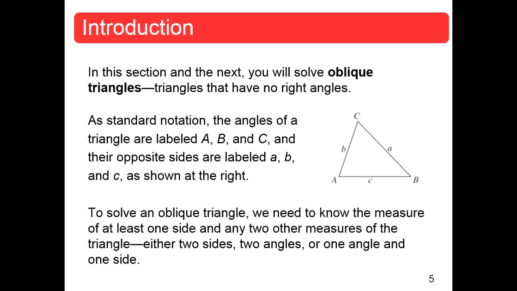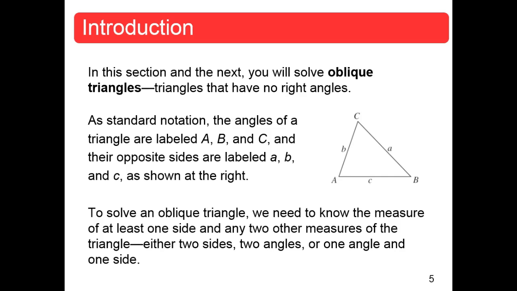As a standard notation, in the past we've sometimes used Greek letters for angles. Now we'll use capital letters for the angles: angle A, B, C. Now, the standard convention is the side opposite those angles.